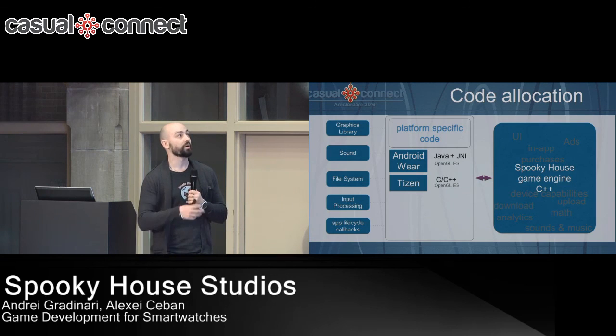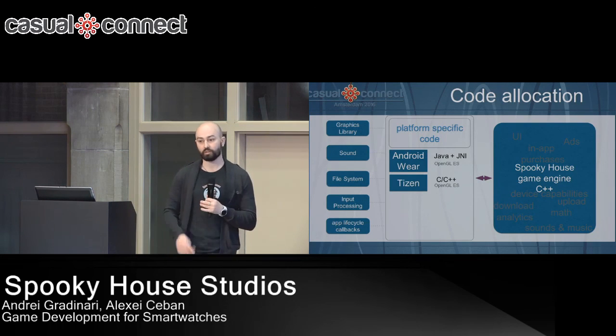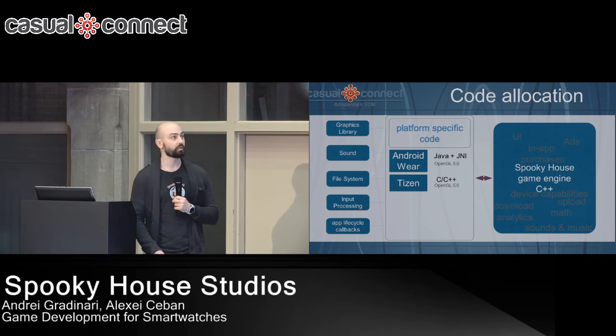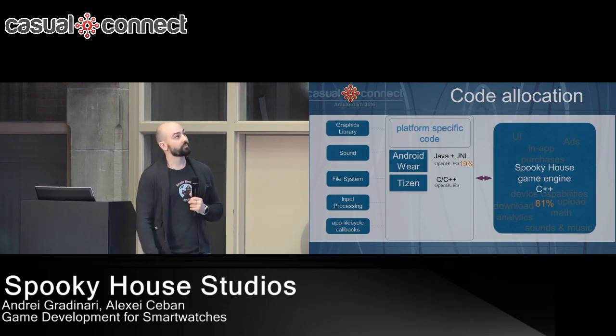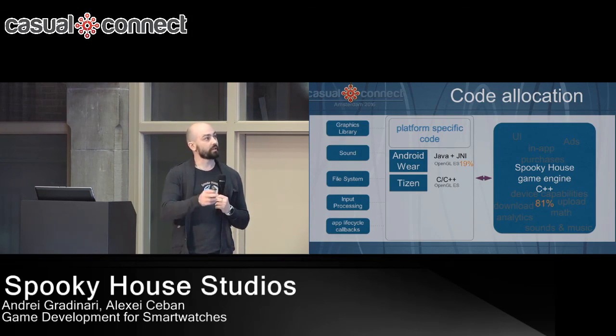So we have to put our game package inside an empty handheld package. And the aspect is like 81% of shared code between platforms and 19% for each platform-specific code.